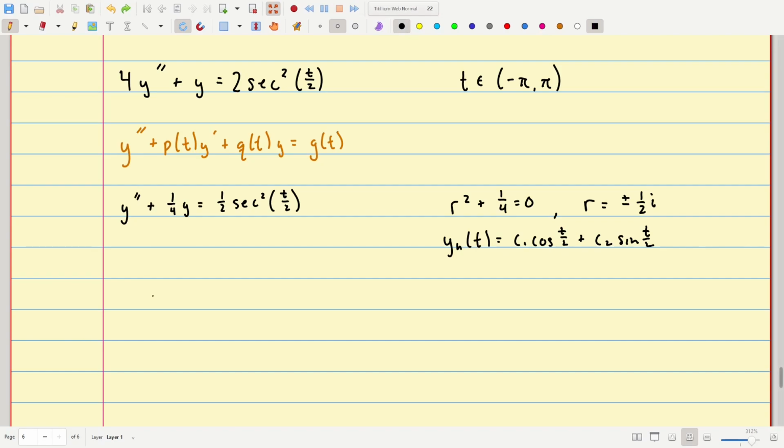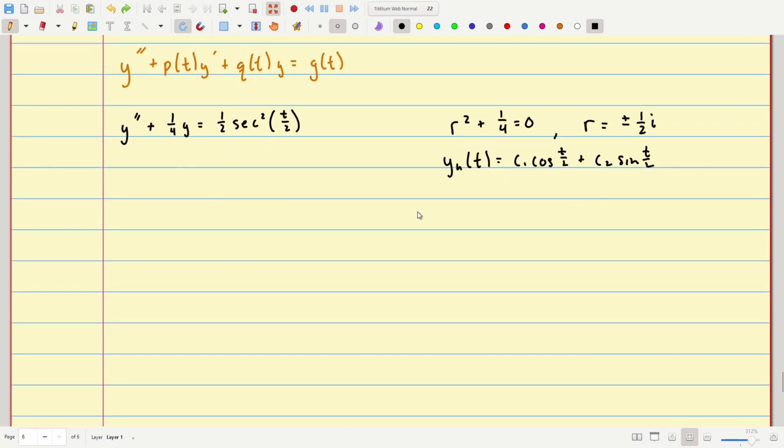Okay, now that I have the homogeneous solution and I have my right-hand side that I know I can't deal with using method of undetermined coefficients, we're going to use the technique of variation of parameters, which says construct the matrix equation using y1 and y2 and y1 prime and y2 prime and u and v prime.